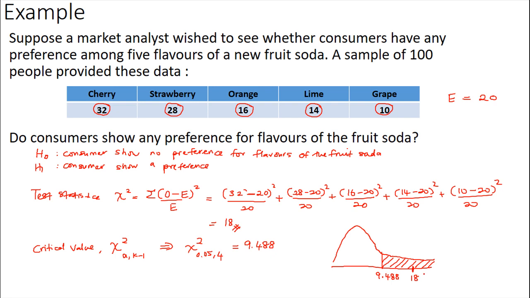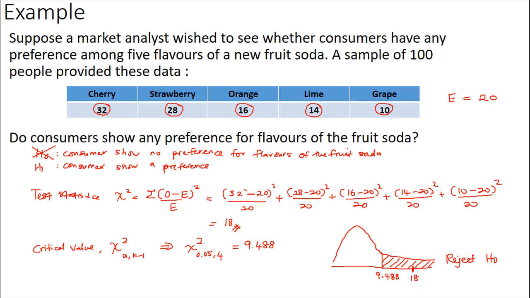That means the test statistic is in the critical region, so we have to reject H naught. Then we accept H1, which means consumers show a preference.